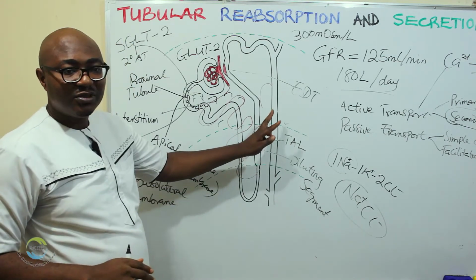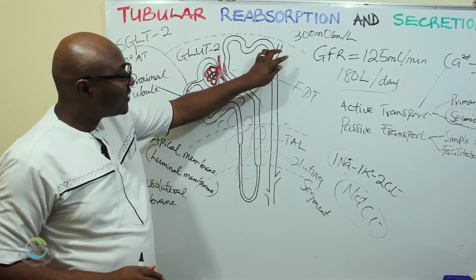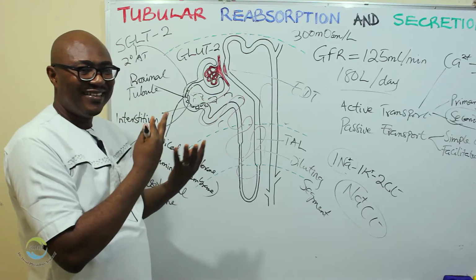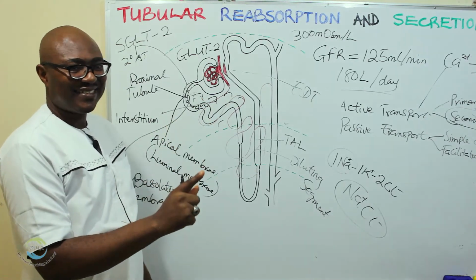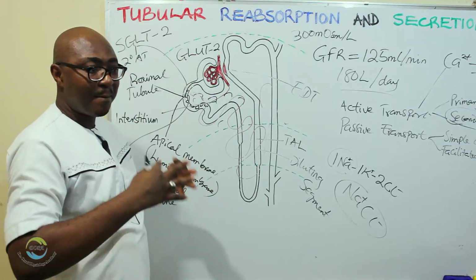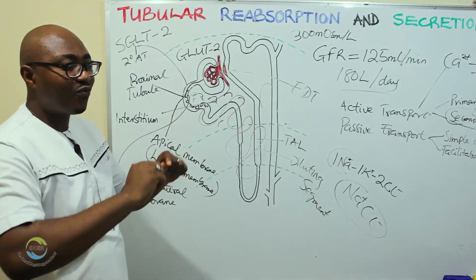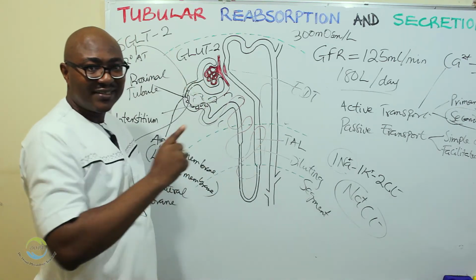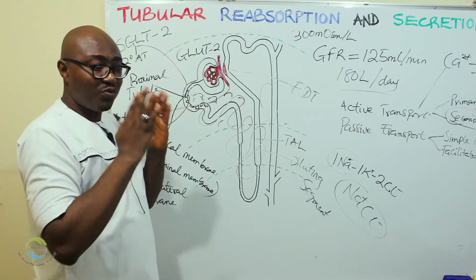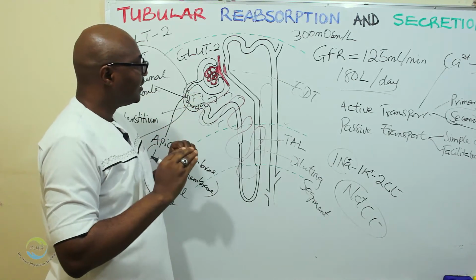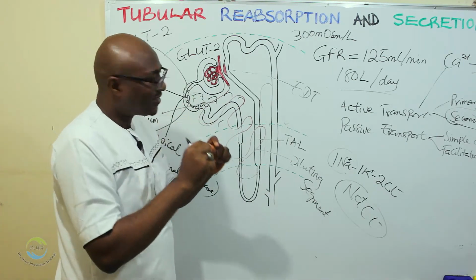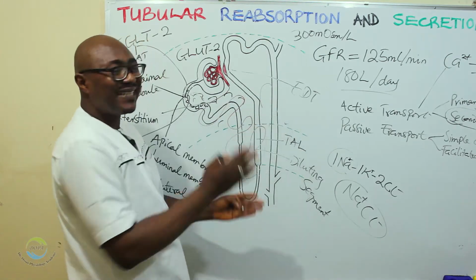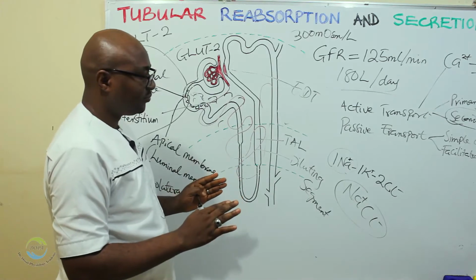The good thing I need to know about this late distal tubule and collecting duct is that this is where regulation takes place. It determines the final amount of solute that is excreted, and water that is excreted. When I'm talking about solute, majorly sodium, okay? So the amount of sodium that is going to be excreted will be determined by what happens in this place. That means it varies. It's not the same, okay?